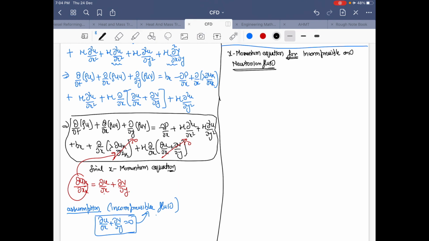If your fluid is not Newtonian or is not incompressible, you cannot use this form. You have to modify this equation accordingly.